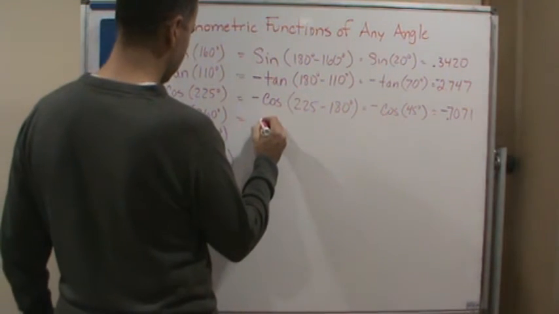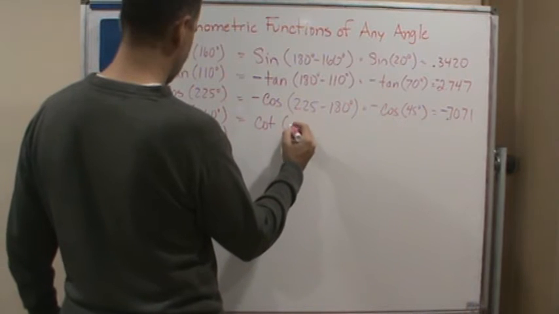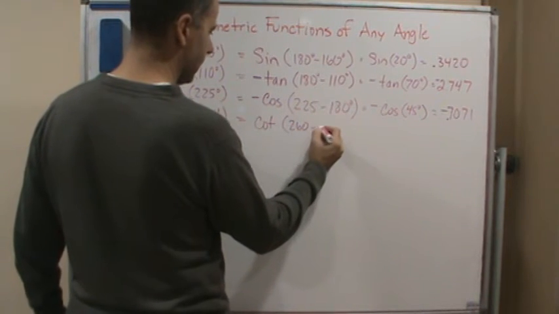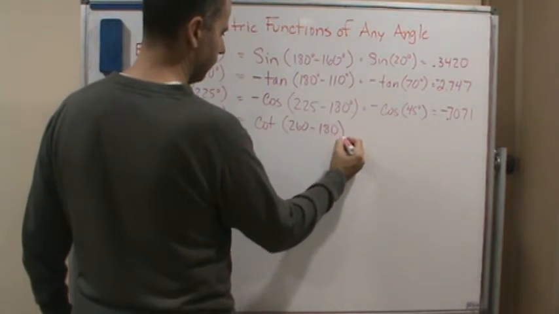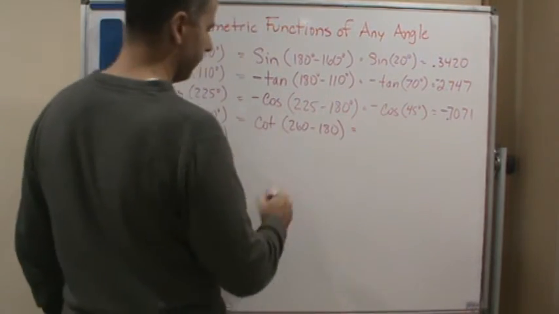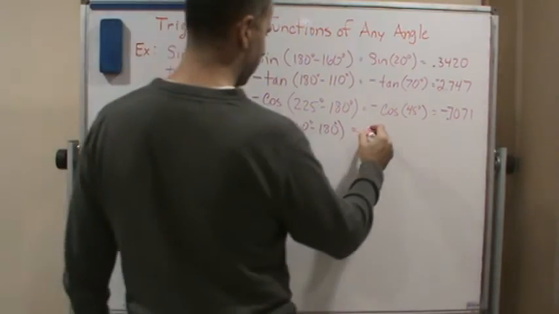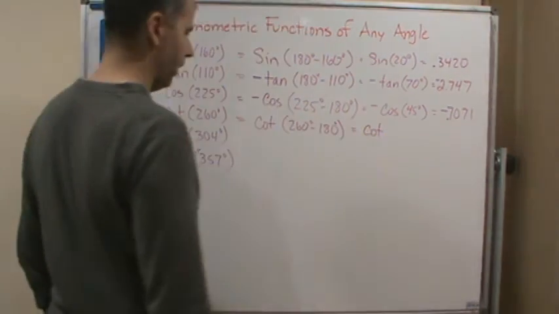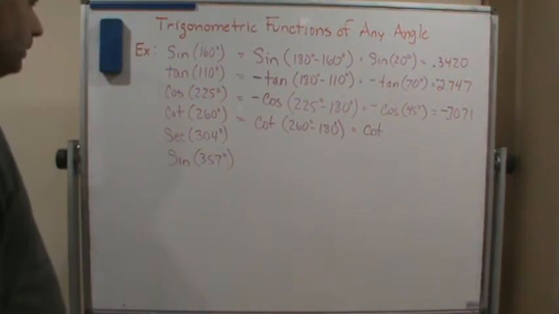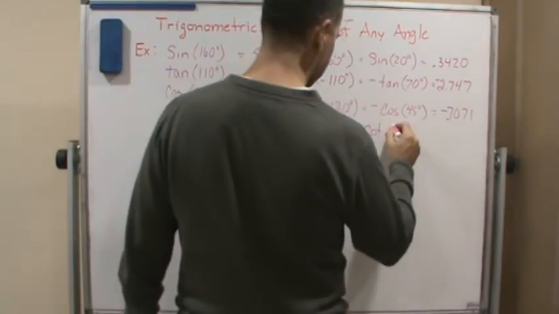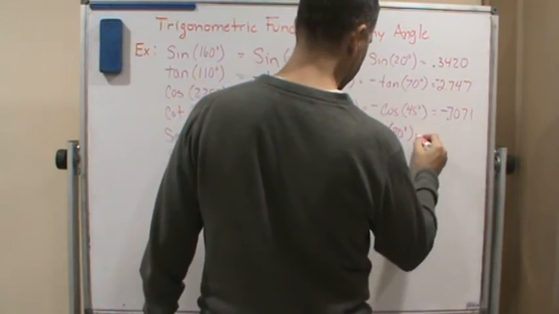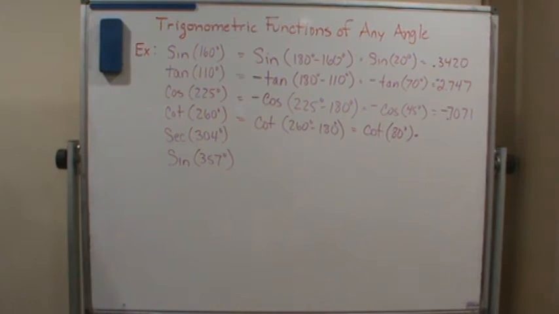So this is going to be cotangent of 260 minus 180 degrees, which is cotangent of 80 degrees. And cotangent of 80 degrees is 0.1763.